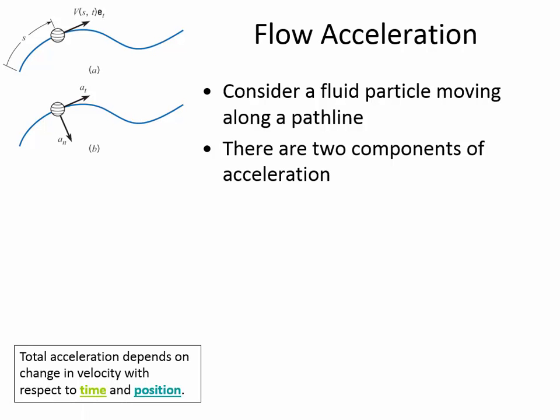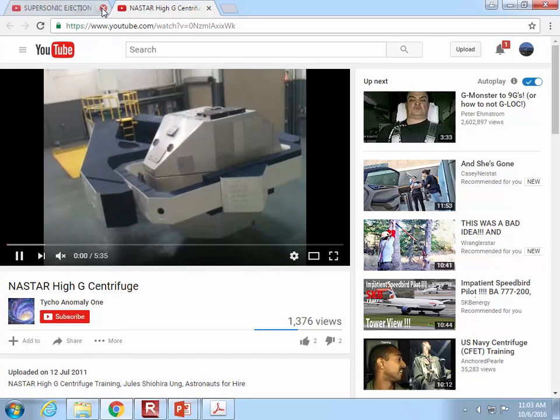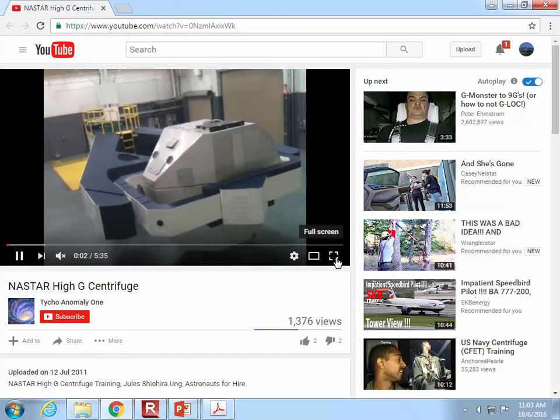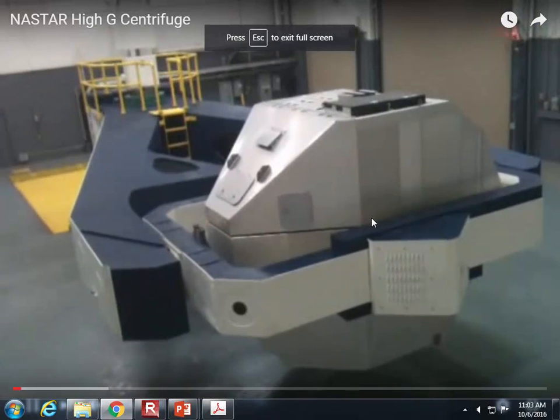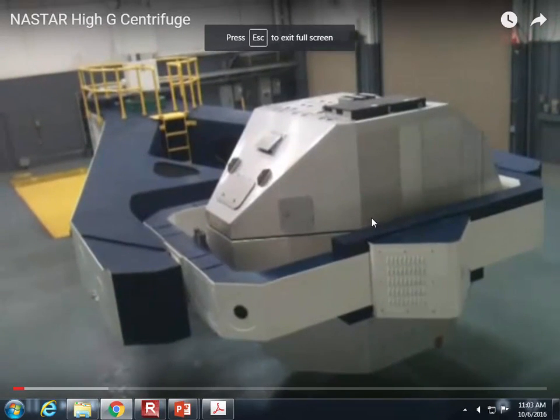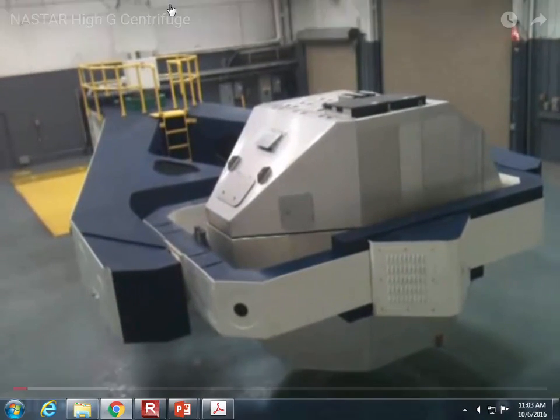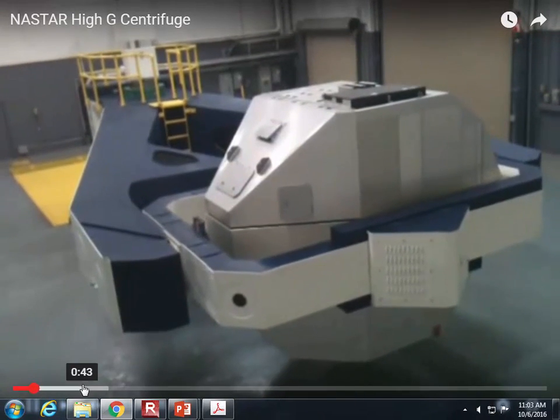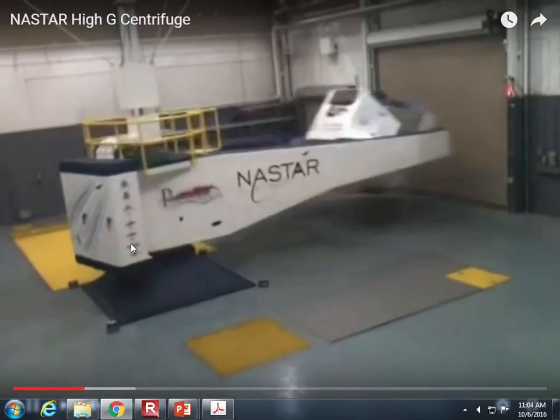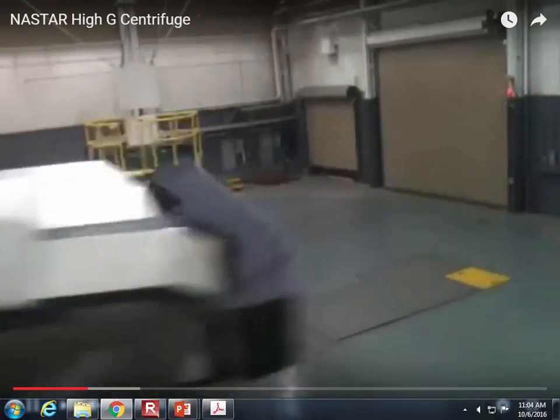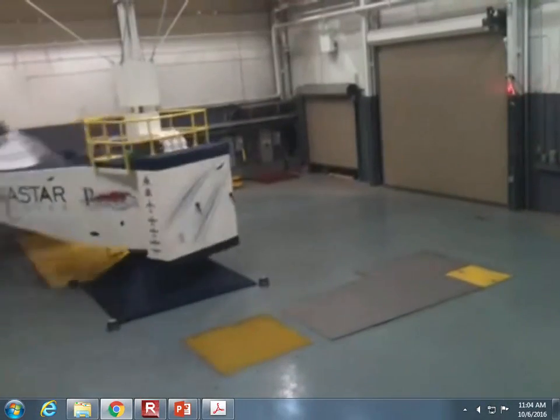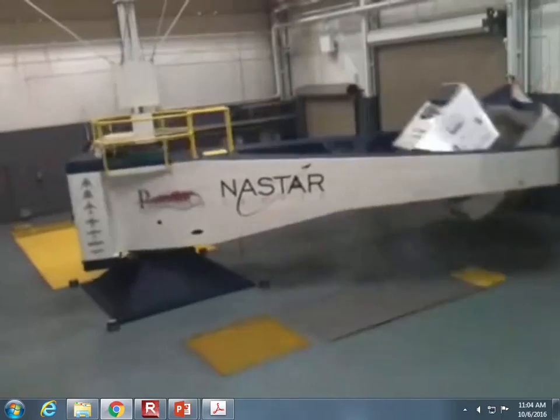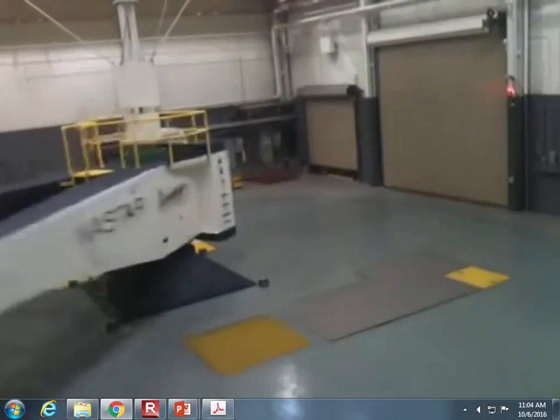And here's another example of how the speed can be constant, but yet there's still acceleration. Now, I don't know if any of you have been in something like this, but you've probably seen it in movies before, that astronauts get trained in little devices like this where it spins around in a circle, and even though the rotational speed may be constant, the person inside is still experiencing an acceleration.